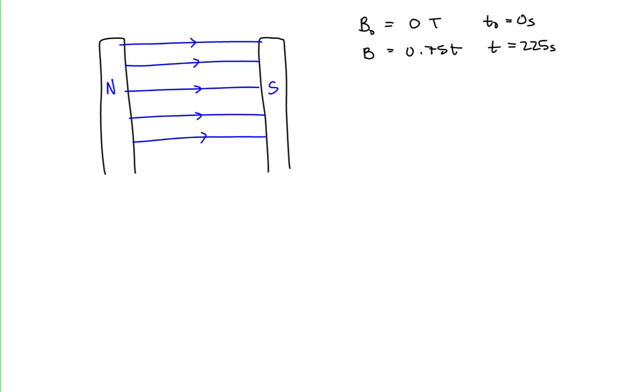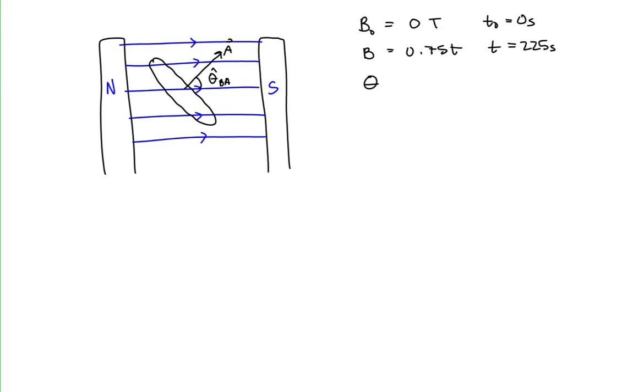We're also told that we have a conducting loop, a coil of wire, placed within this magnetic field. This coil of wire has an orientation that is at an angle of 30 degrees with respect to the magnetic field.